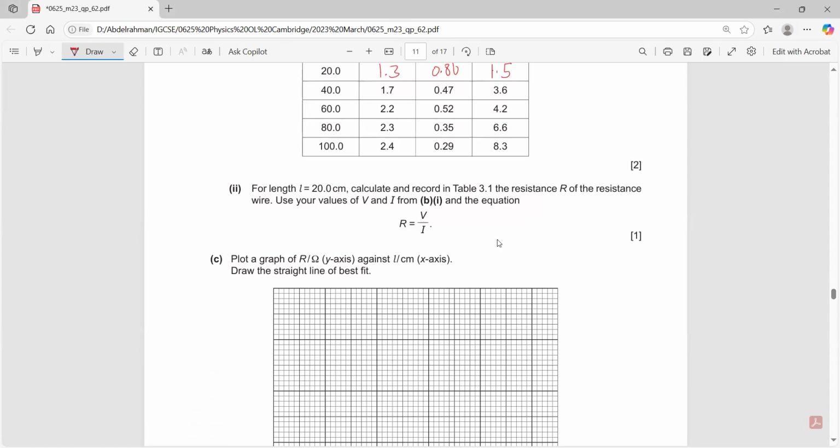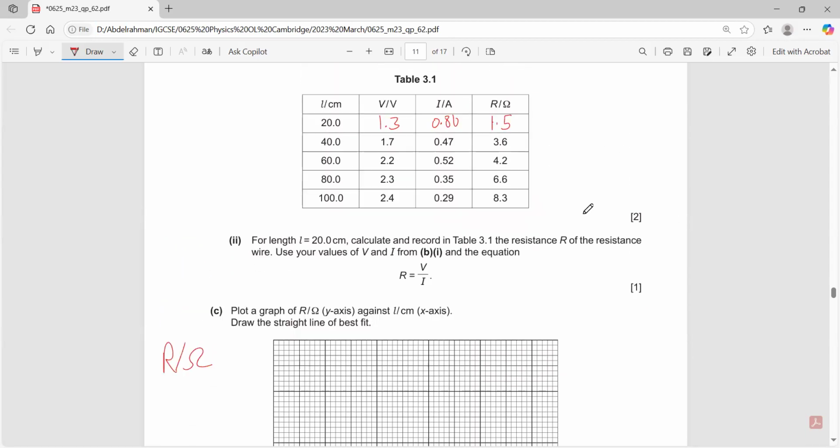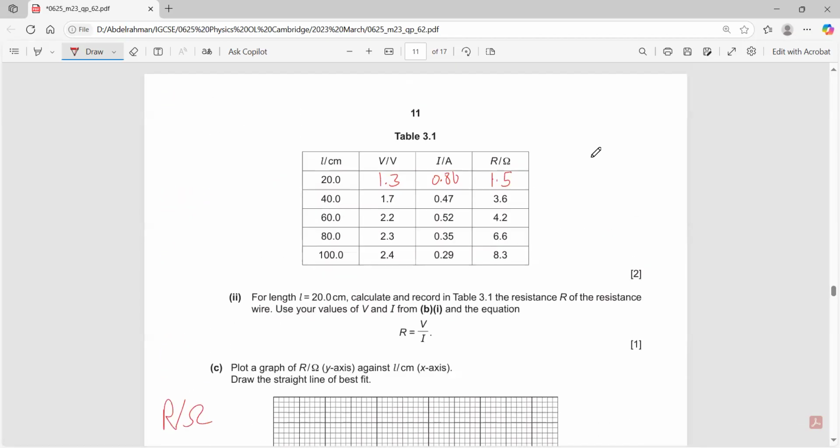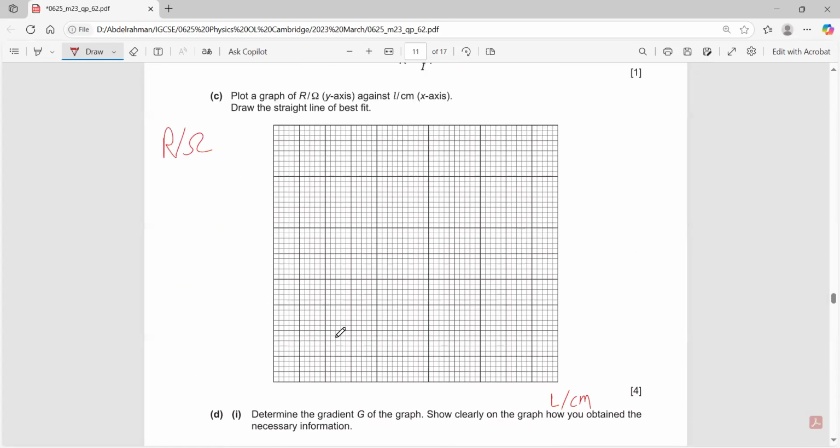Plot a graph. Draw the straight line of best fit. R on the y-axis, R/ohms, and L on the x-axis, L/centimeters. R goes from 1.5 to 8.3, so we can start with 1, 3, 5, 7, 9, or 2, 4, 6, 8, 10.